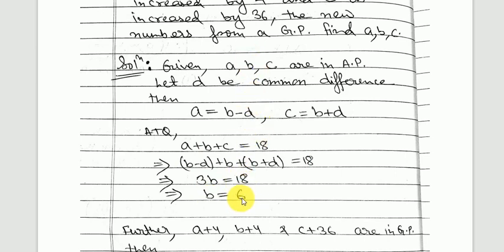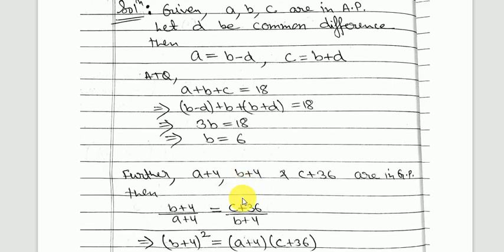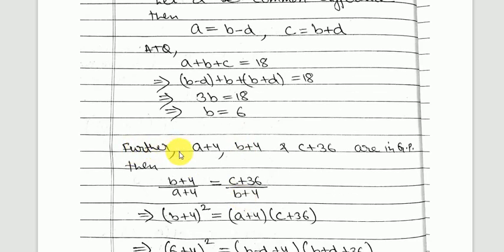Next it says that when a is increased by 4, b is increased by 4 and c is increased by 36, these resulting numbers, that means a plus 4, b plus 4 and c plus 36, are in GP. Once they are in GP, (b plus 4) upon (a plus 4) will be the common ratio.